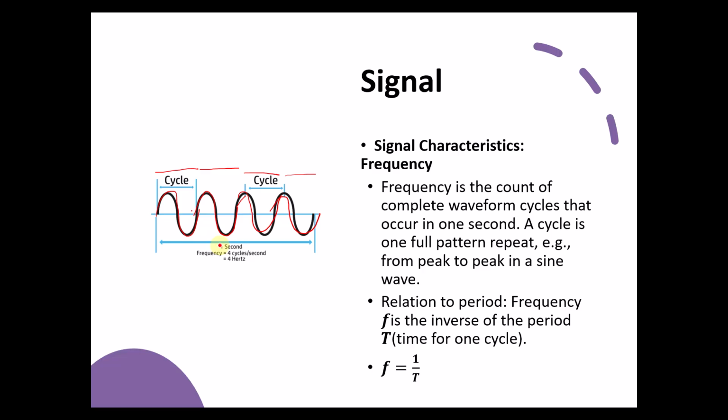So that is the meaning of frequency. The number of cycles a signal will make in 1 second is what we call the frequency of a signal. You see here that we have written 4 Hz. It means the frequency of this signal is 4 Hz because it was able to make 4 complete cycles in 1 second. So that is the easiest breakdown of frequency.